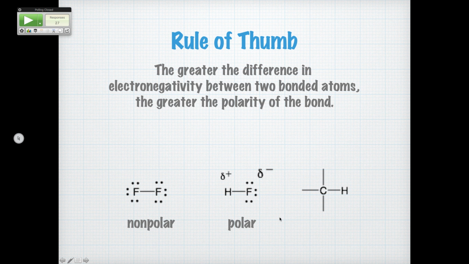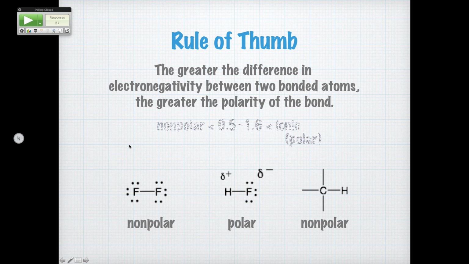Now here's just a plain old C-H bond. What is that one? Hydrogen was 2.1. What was carbon? You can look, you've got the thing printed out. 2.5. So this is nonpolar because, although it's not identical, the difference is not very large.